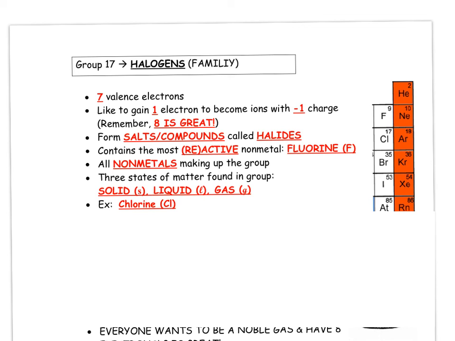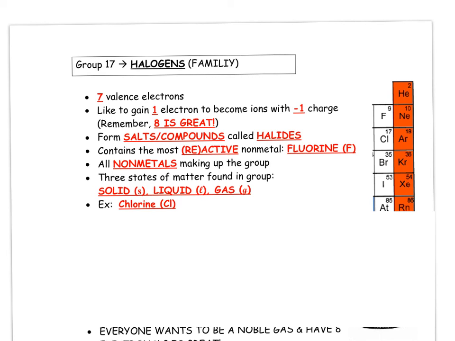That means normal, everyday standard pressure and standard temperature. They have all the phases of matter. Fluorine and chlorine are gases at STP. Bromine is a liquid at STP, and iodine is a solid at STP. So we've got all the phases of matter in that particular column.